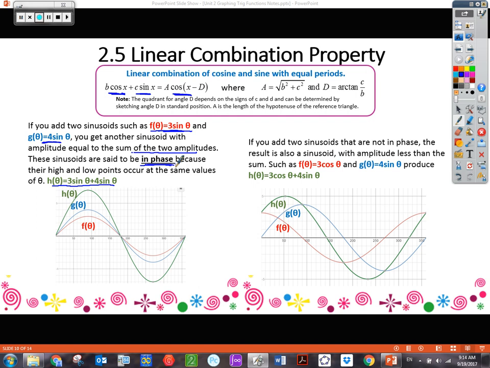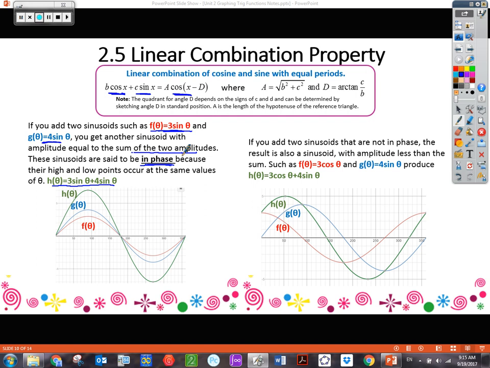In other words, if they have the exact same locations for the highs and the lows. So if that happens, which is quite rare, I would say, right? You could do that. The period would be the same, the amplitude would be the sum of those. That's really not what we are going to be working on today. I'm talking about this so that you can understand how the functions work together when we add them.